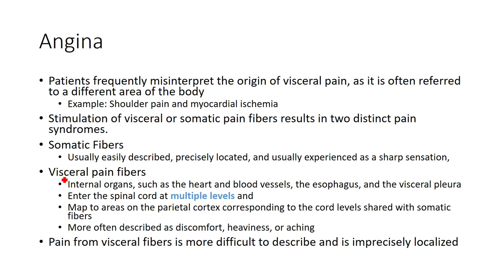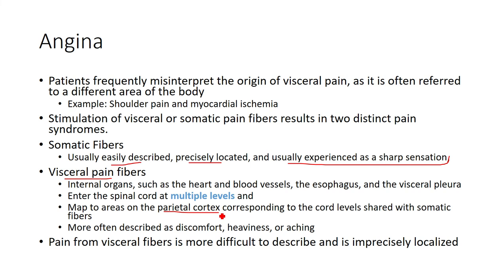Somatic fibers, when we have pain, it's typically very easily described, precisely located, and usually described as a sharp sensation, whereas visceral pain fibers, from your internal organs, your heart, and your blood vessels, their receptors enter multiple levels of the spinal cord, so they map into different areas of the parietal cortex, more than somatic fibers do. So that's why the pain's often poorly described and can sometimes be located in areas not even remotely close to where that organ is.